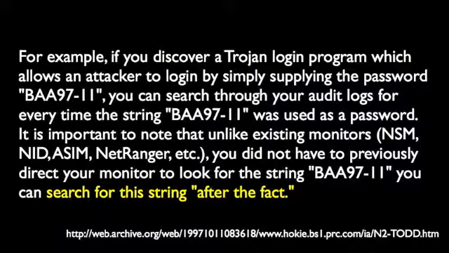It is important to note that unlike existing monitors, NSM, NID, ASIM, NetRanger, etc., you did not have to previously direct your monitor to look for the string BAA9711. You can search for the string after the fact. In other words, a retrospective query on the metadata.